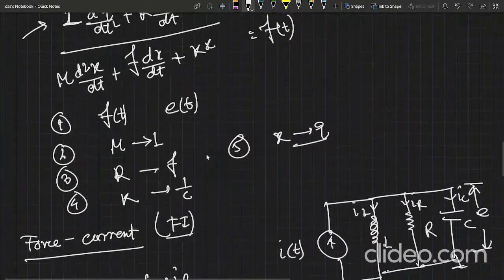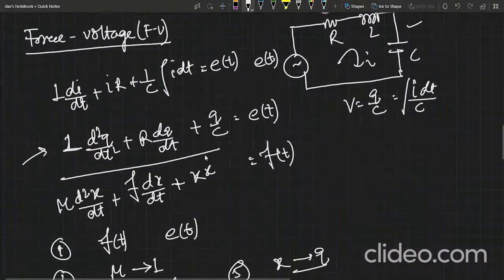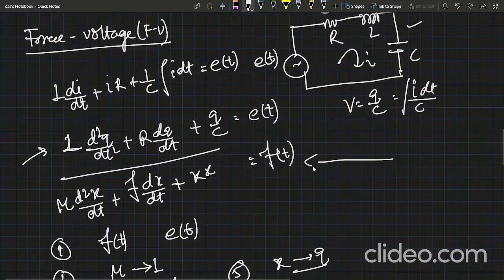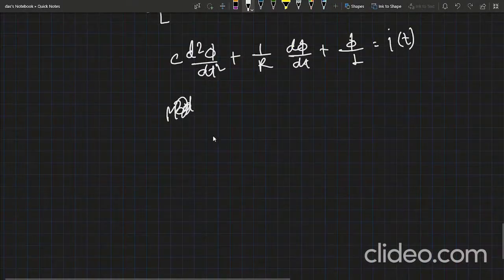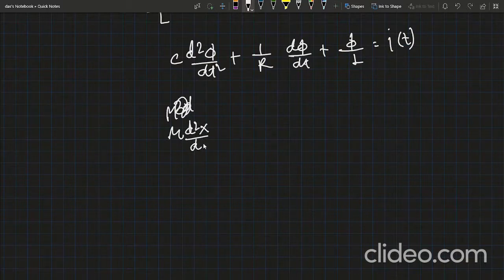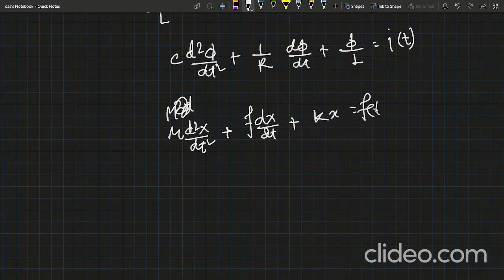Now comparison with this equation. Okay, so now write here again, that is m d2x by dt2 plus f dx by dt plus kx equal to f(t). So now what is analogous? Current is analogous to force. Here k equals 1 by L, displacement equals phi, dx by dt equals d phi by dt.